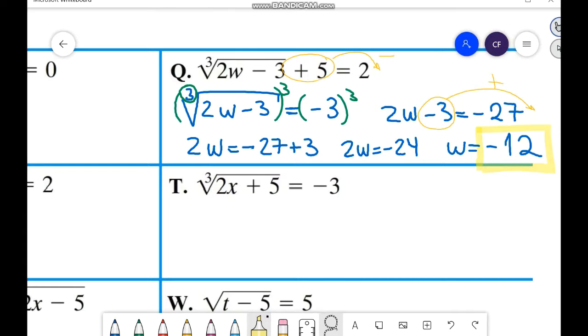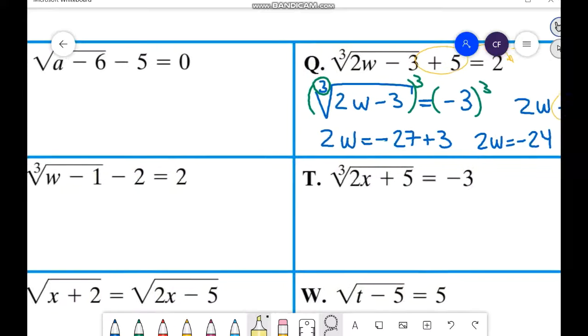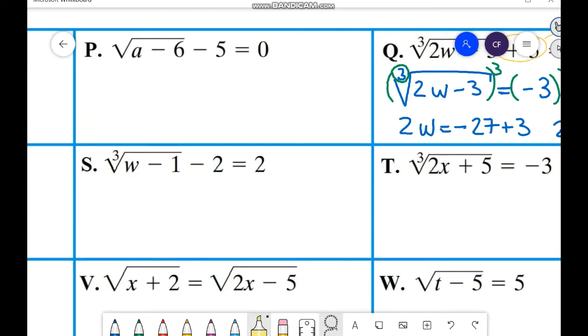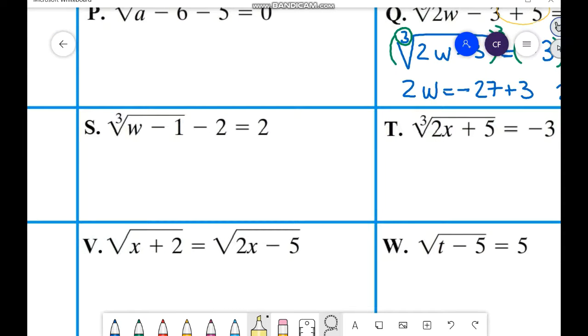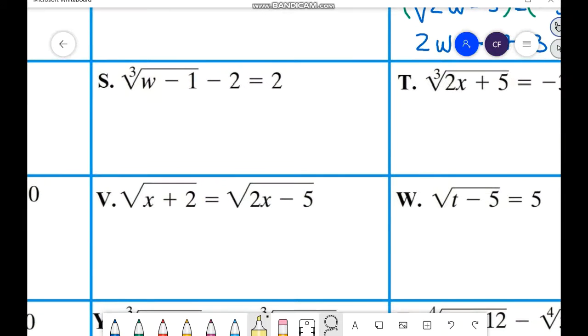Letter Q solved. Let's move now to the next one. Yes, the same thing. The radical is not isolated. It has this negative 2 here that's bothering us.